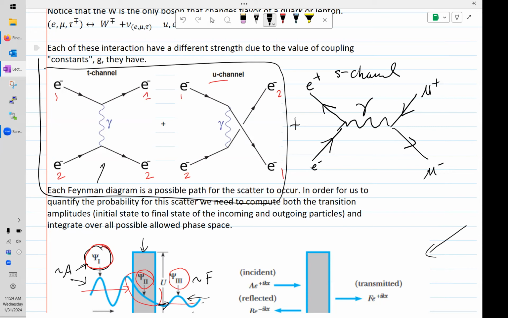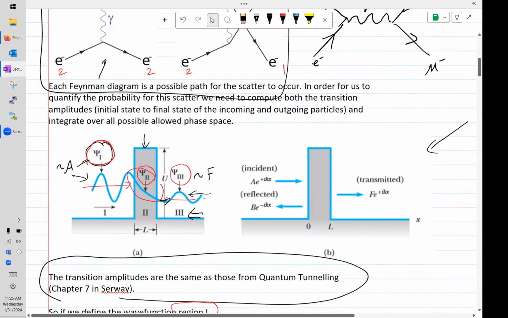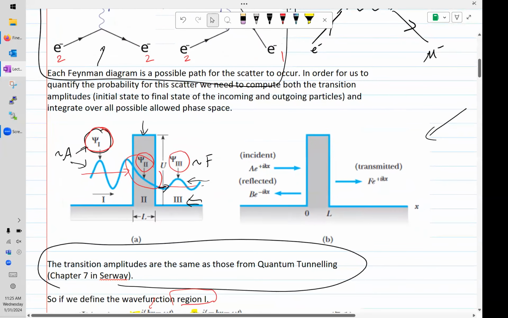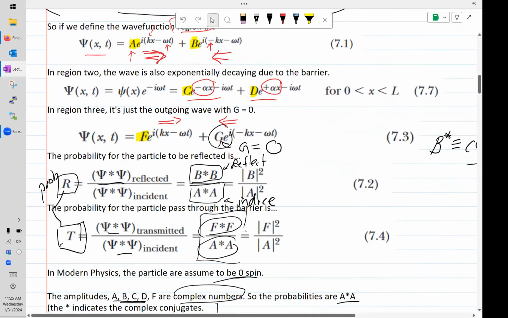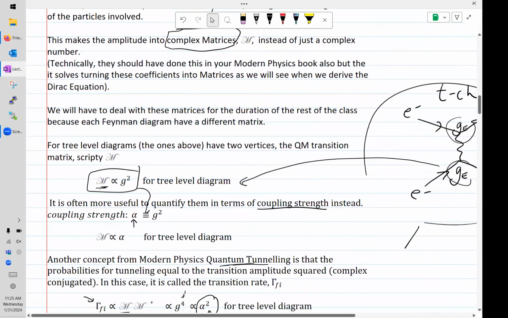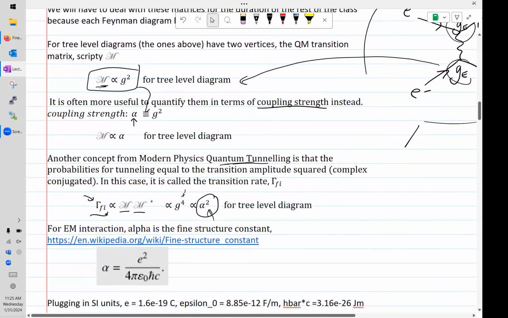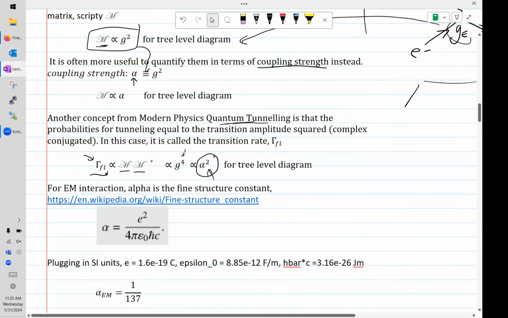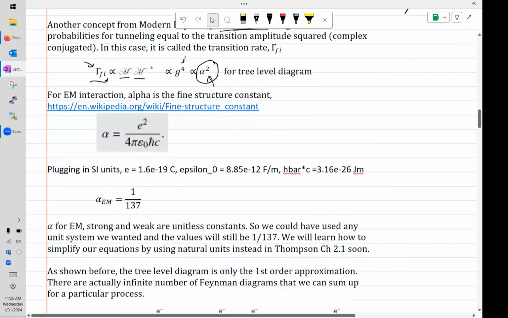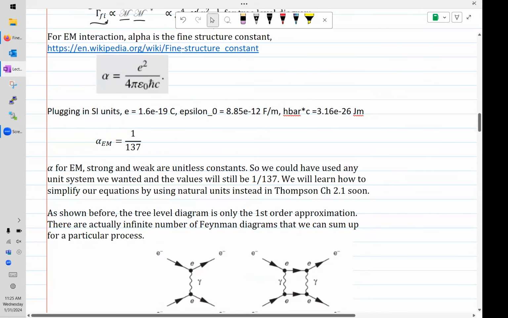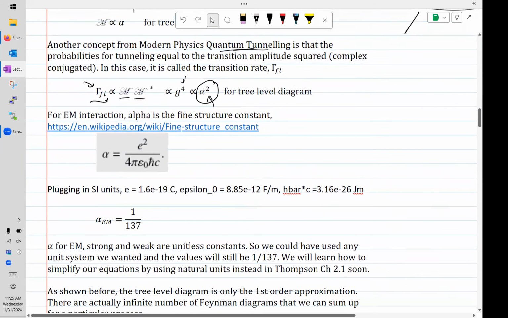Eventually we'll see some more complicated diagrams, which have decreasing importance in your calculation, so we can approximate them as being 0 in certain cases, because they'll be so much smaller in terms of contributions. Yeah, that's true for electroweak interactions, but for the strong interaction we're going to run into trouble. The strong one makes things hard. Good point.